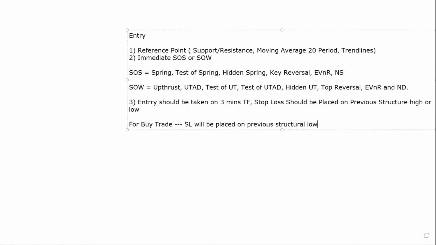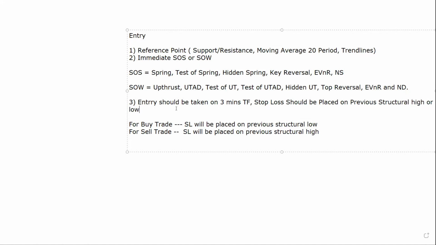Got it? For sell trade, SL will be placed on the previous structural high. Previous structural high or low.